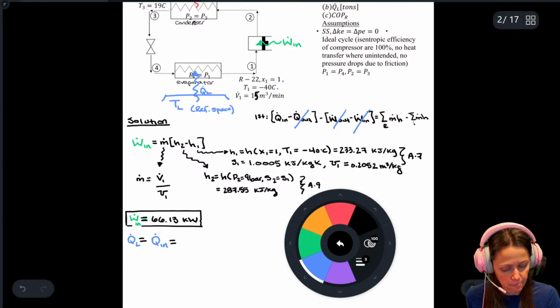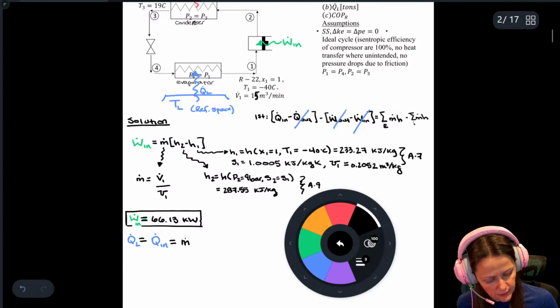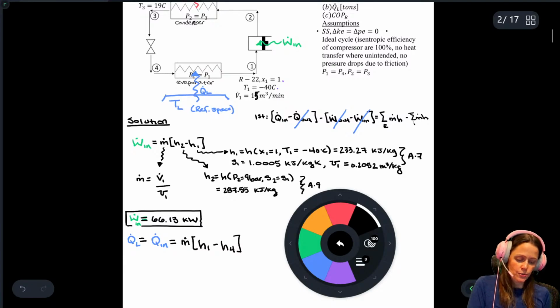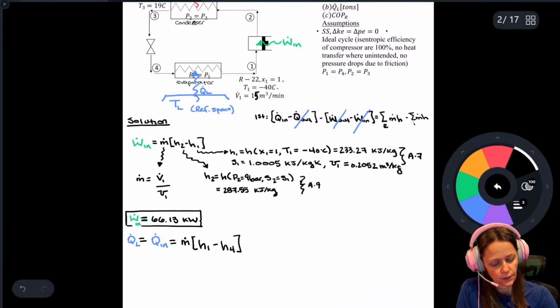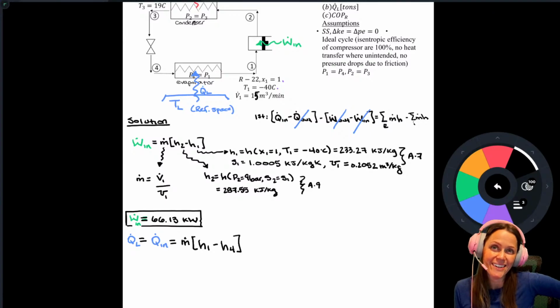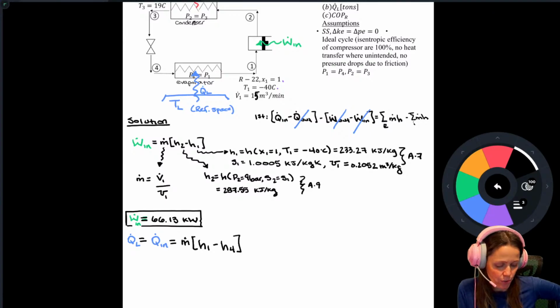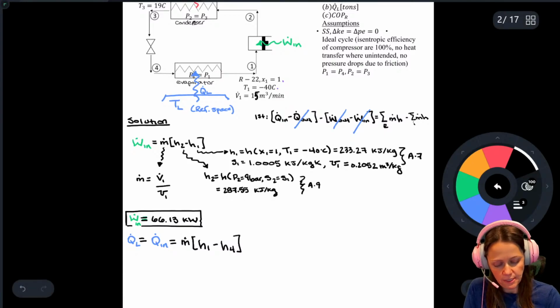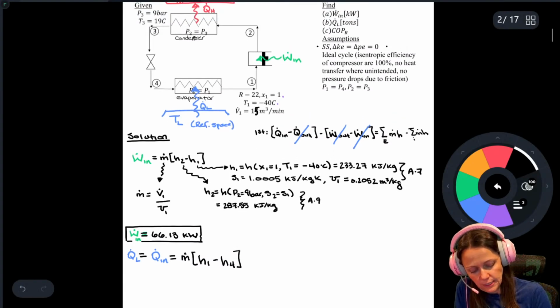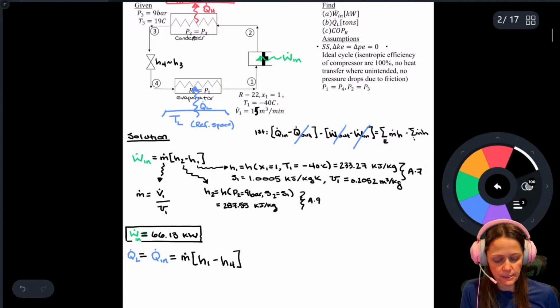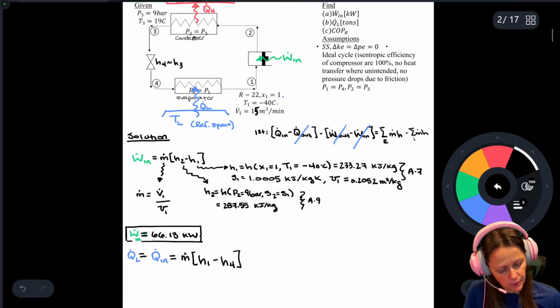Sorry about that. So this is going to be m dot times H1 minus H4. I've sort of started making my way around the cycle. I had H1, H2, and then of course between 3 and 4, this is the throttling process, so H4 and H3 are approximately the same.